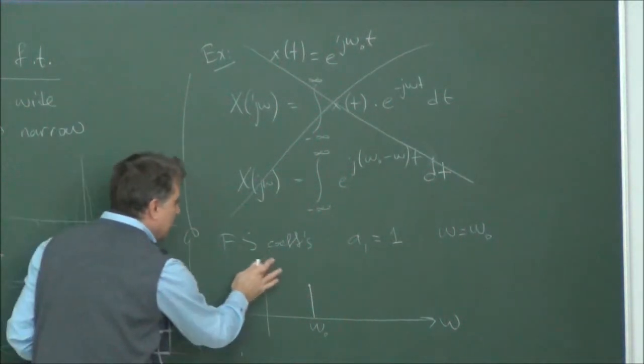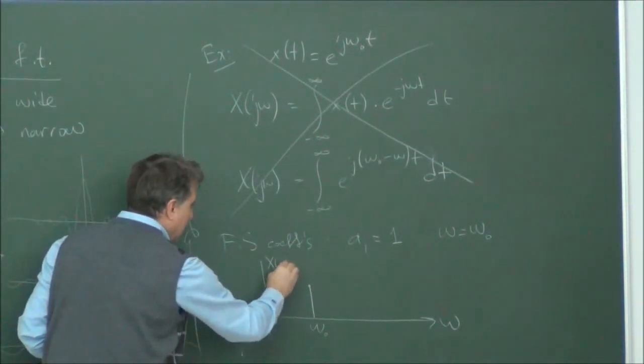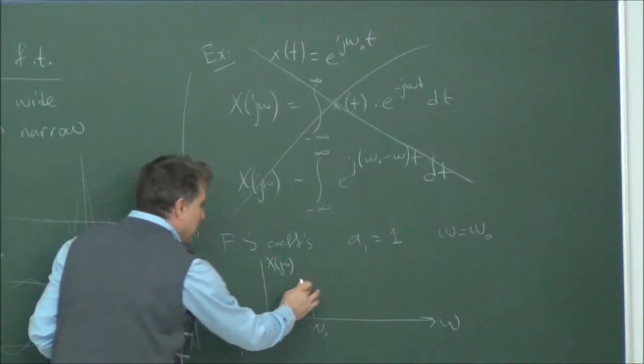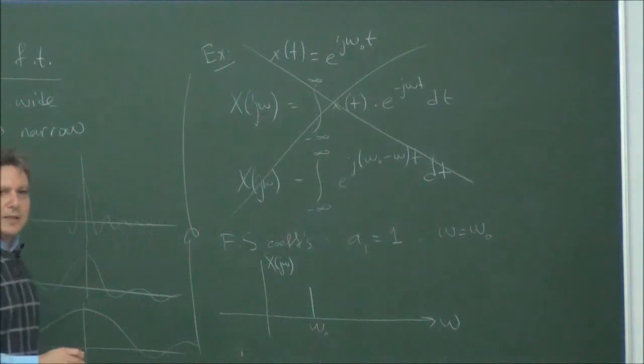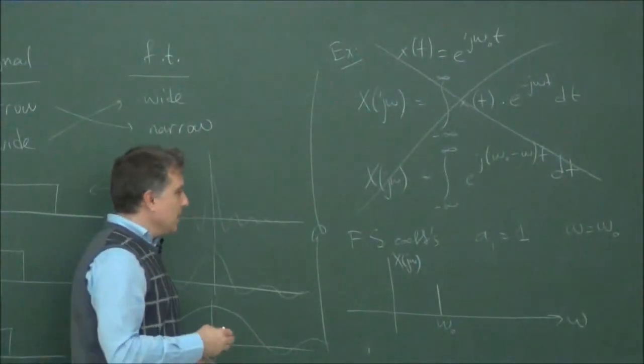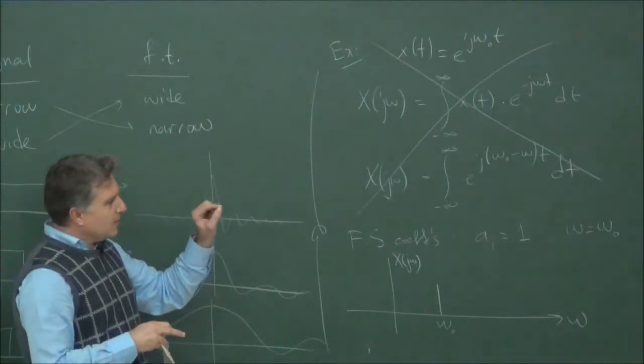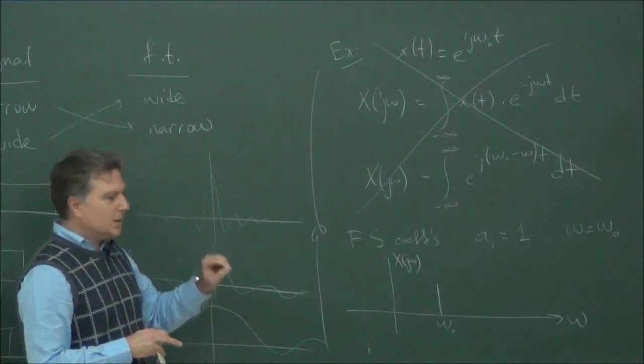Now replace it by the Fourier transform, and make this not a discrete impulse but a continuous impulse, because this is a continuous function now. Discrete impulses were terminated by a dot.